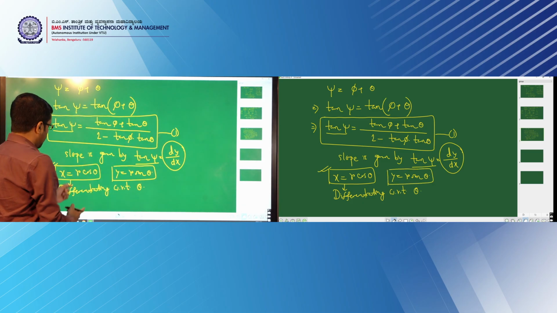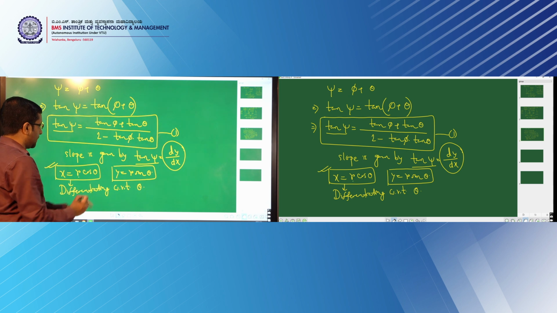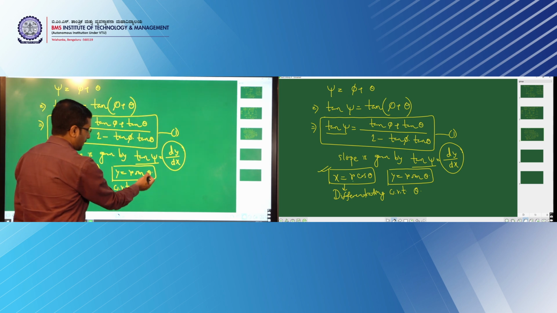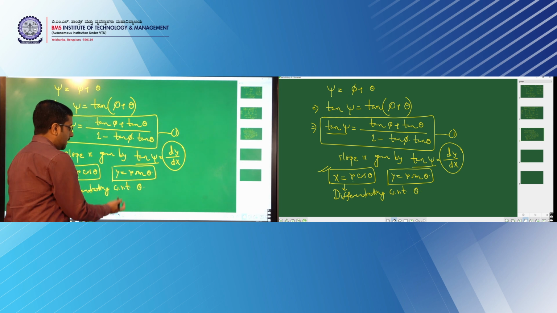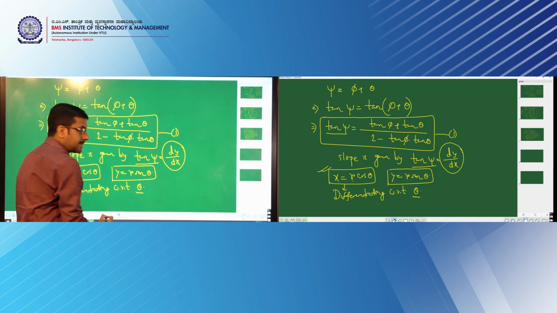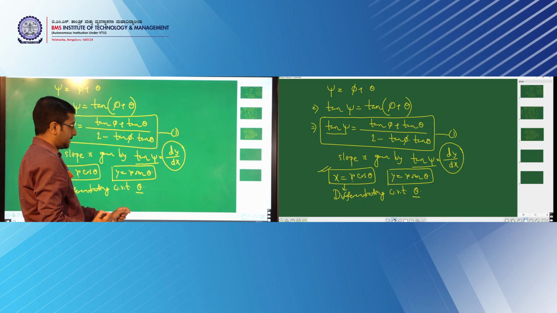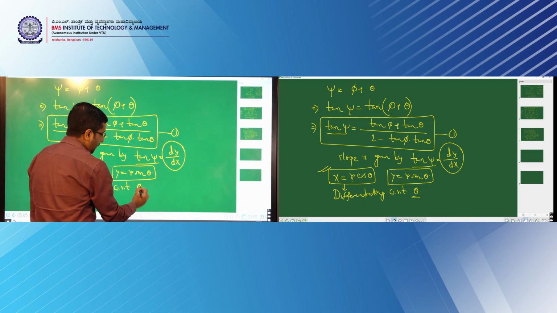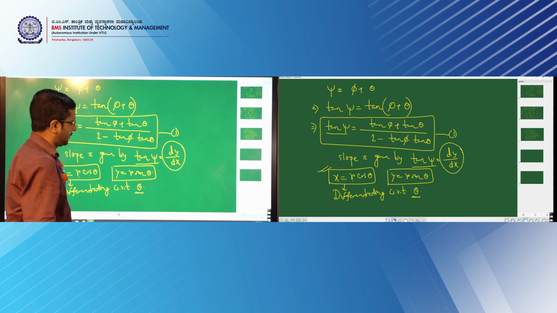X contains two variables, r and theta, and y also contains two variables, r and theta. Theta is the independent variable in the polar coordinate system, and the dependent variable is r. So remember, we have to differentiate with respect to the independent variable only.